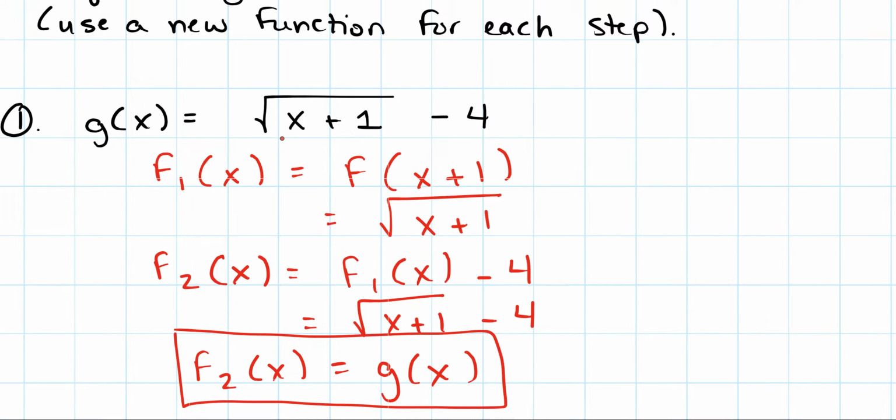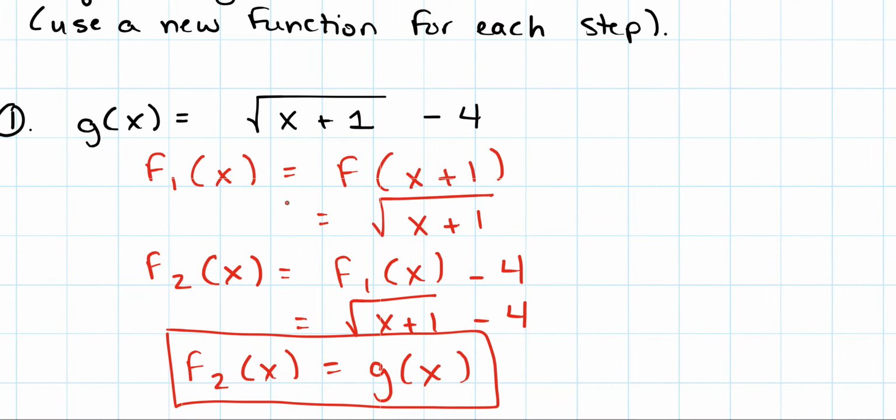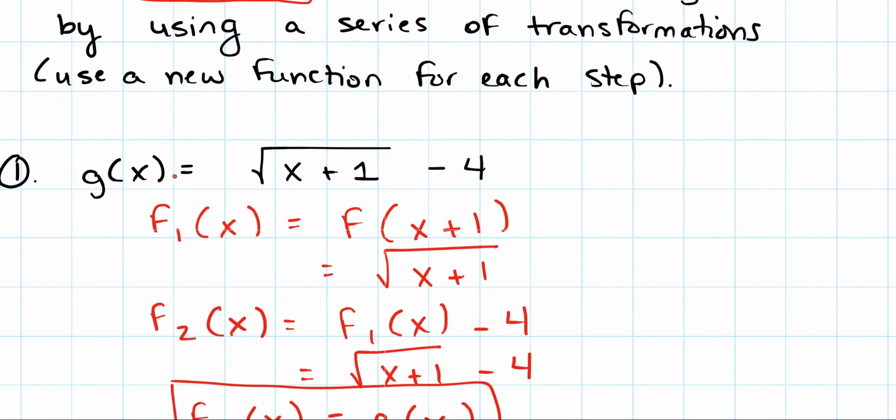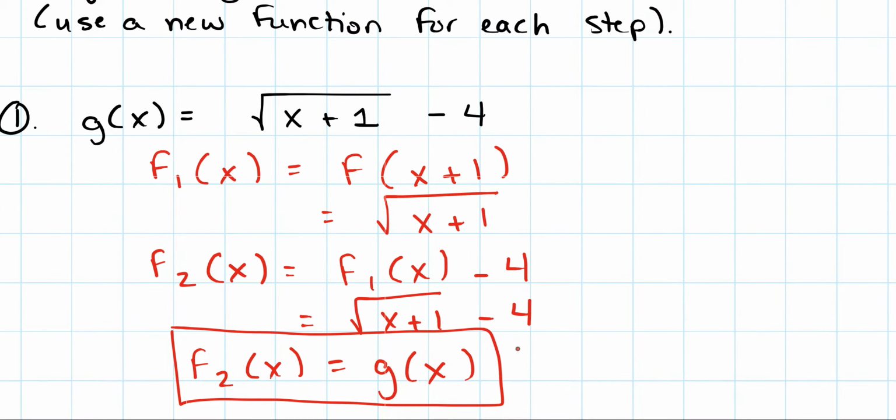Okay, so what I've done is I've made functions that eventually lead me to g. I started with my function f, made a new function f1, and that took care of the +1, and then I made a new function f2, which took care of the -4.